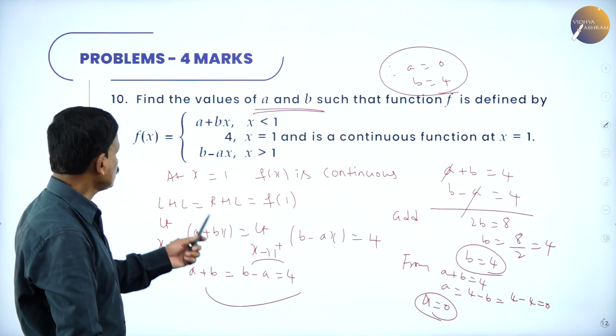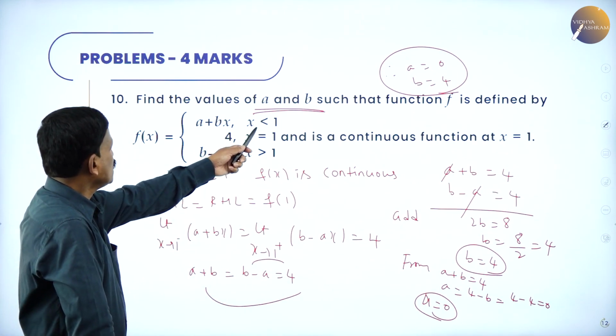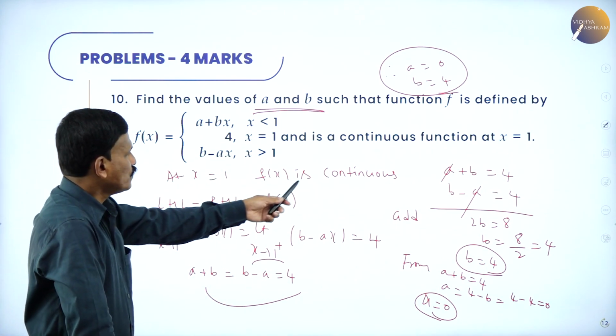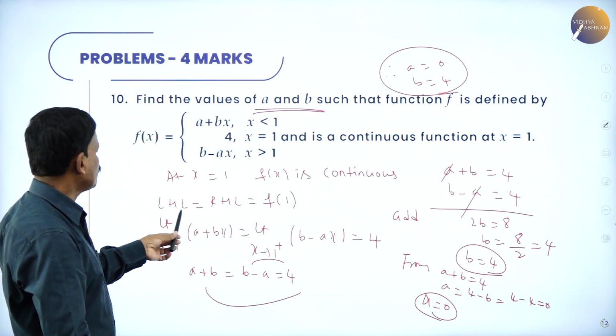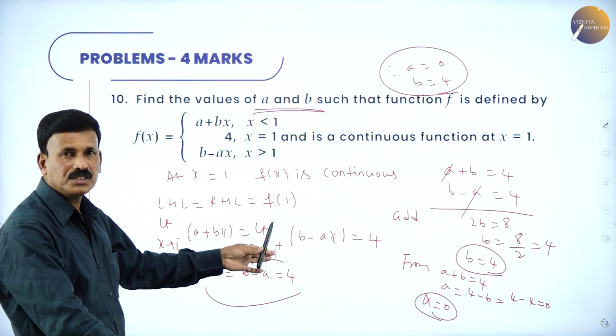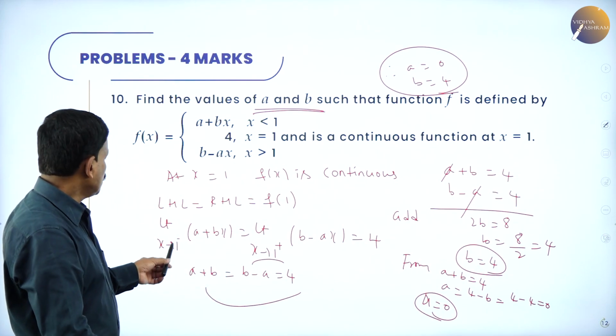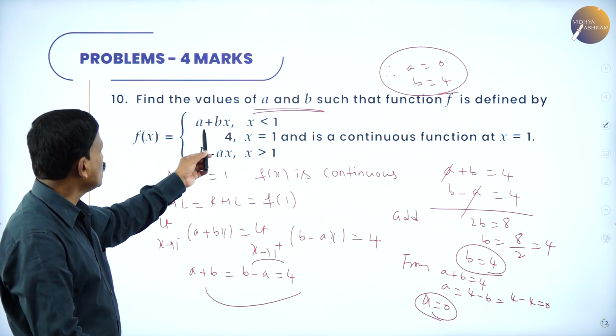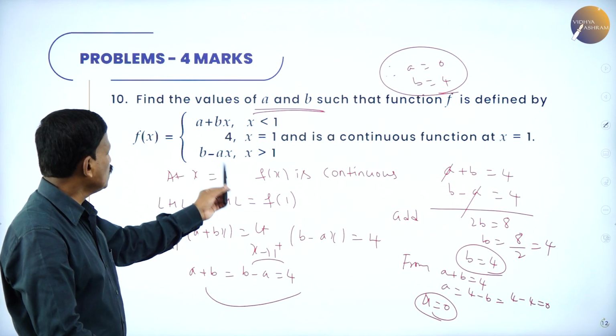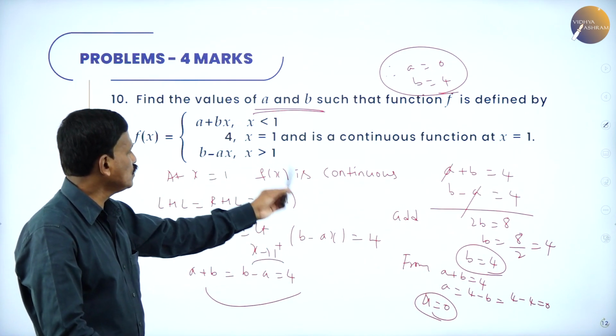Followed? See, at x is equal to 1, f of x is continuous, given. So, therefore, left hand limit, right hand limit and functional value at x is equal to 1 are the same. So limit x tends to 1 minus, left hand limit, ax plus b, right hand limit, b minus ax, the functional value is 4.